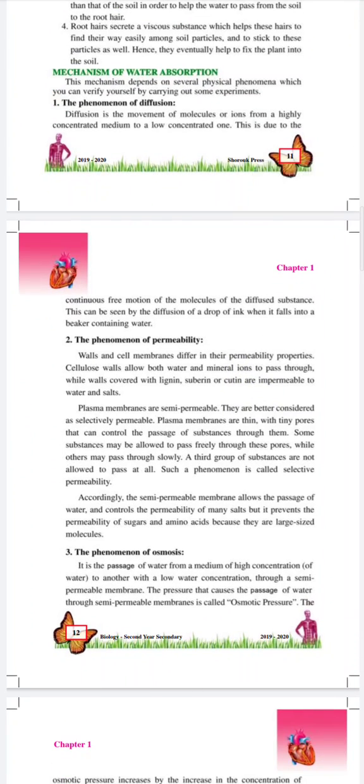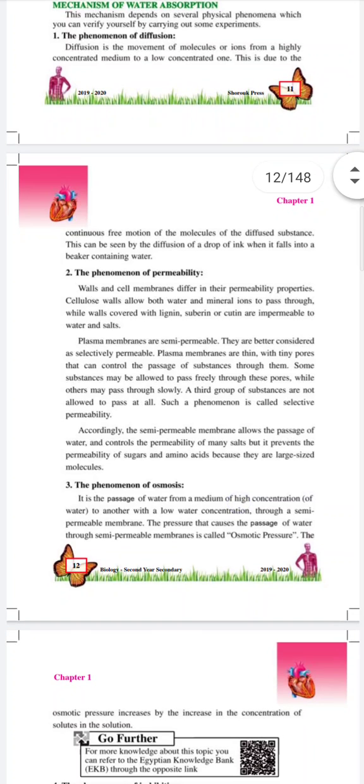Number 2, permeability. Before we study permeability, we must know that we have 3 types of cell membrane that differ in their permeability. For example, the cellulosic cell wall is permeable, allowing water and mineral salt to pass through. Sometimes the cell wall is covered with lignin or suberin or chitin, and it is impermeable to water and salts.